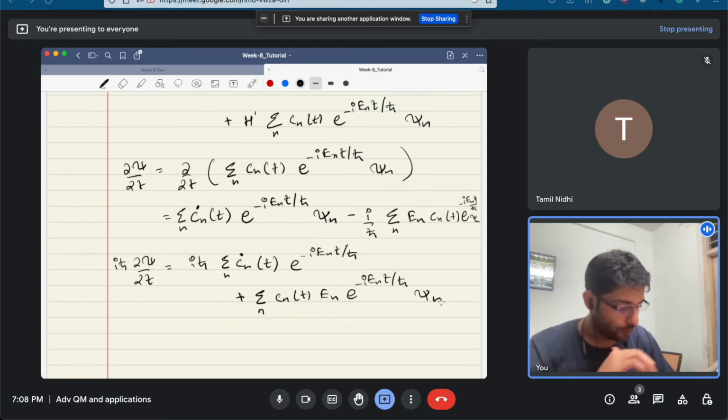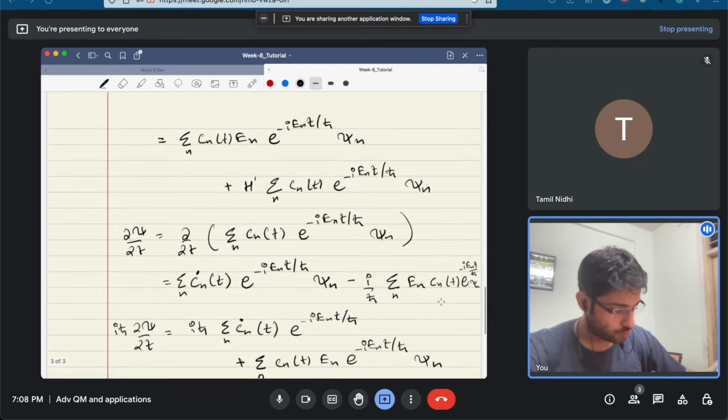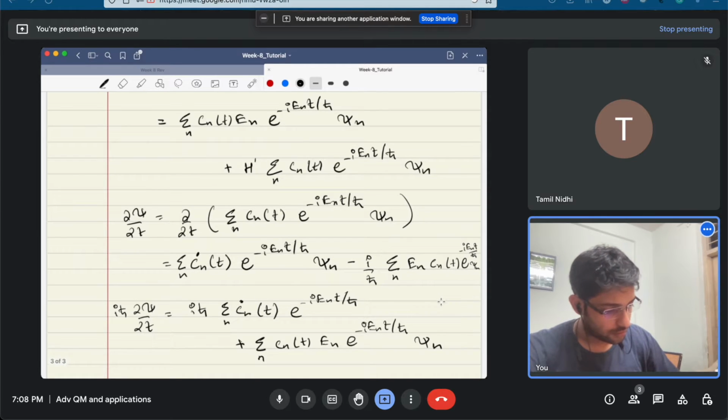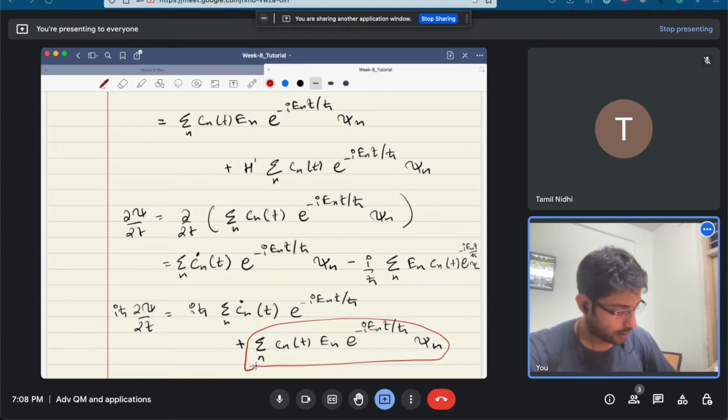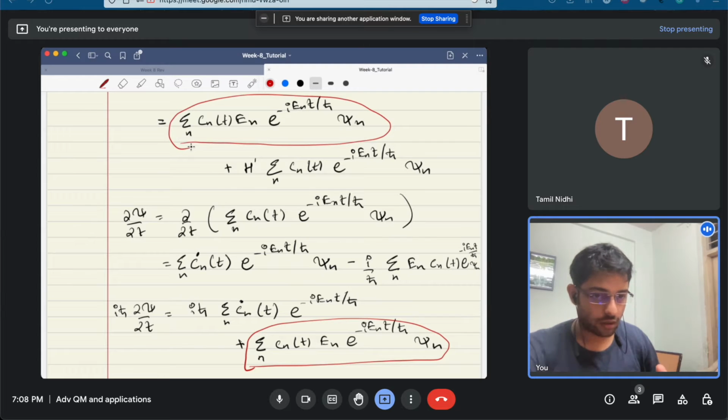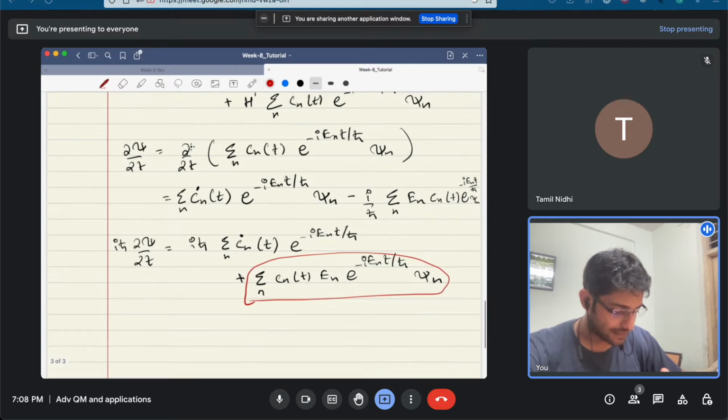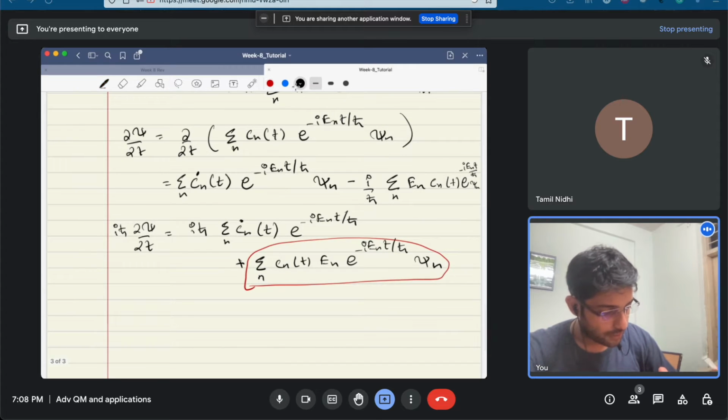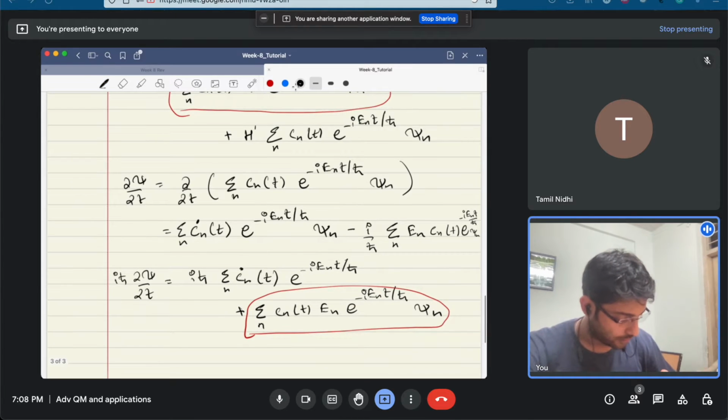Okay, now if you carefully look at these term and this term, they are identical. So on either side of the equal to, we have this term as common, so this gets cancelled out, and what remains essentially is the other term that we have.